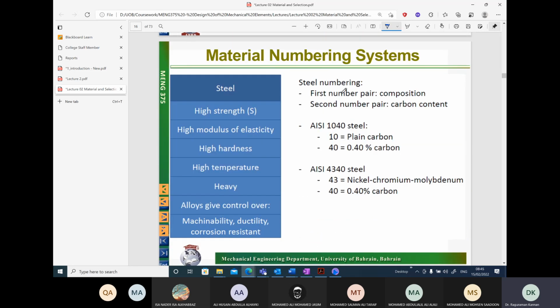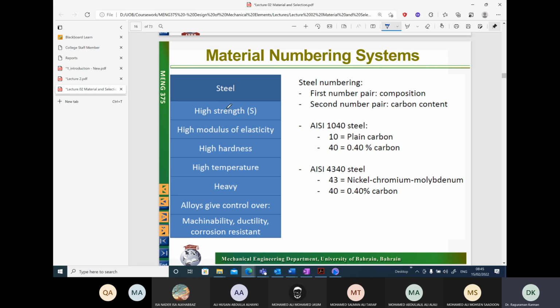Okay, so why is steel extensively used within the engineering field? Because it is a widely available material all over the world and it has very good, preferable properties. What are the preferable properties? We have high strength.